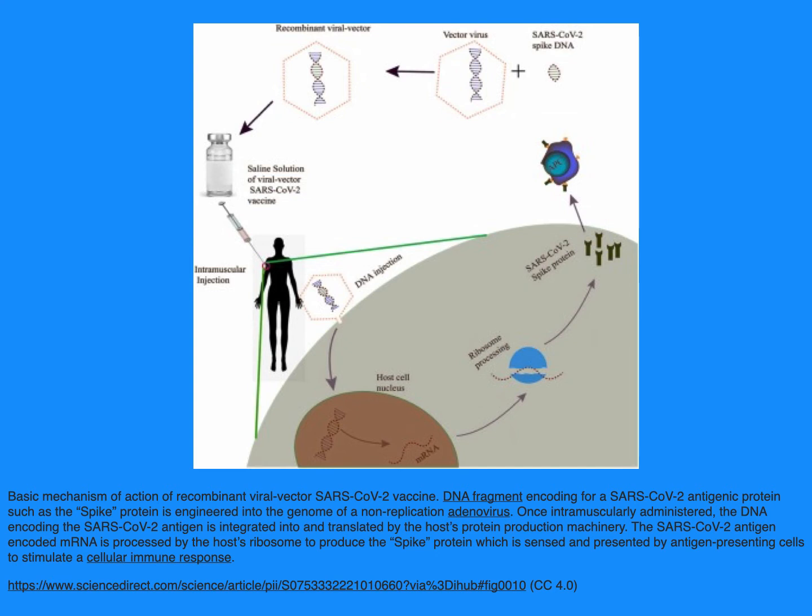Once intramuscularly administered, the DNA encoding the SARS-CoV-2 antigen is integrated into and translated by the host's protein production machinery. The SARS-CoV-2 antigen-encoded mRNA is processed by the host's ribosome to produce the spike protein, which is sensed and presented by antigen-presenting cells to stimulate a cellular immune response.